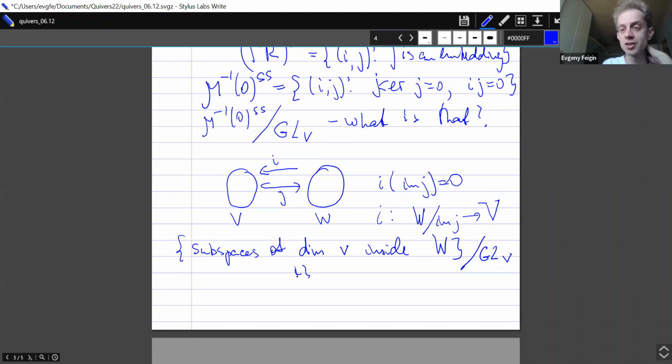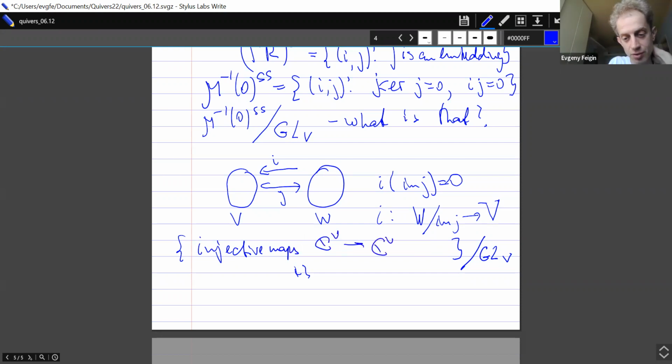Rather, maybe I should write it more concretely: the injective maps from CV to CW modulo GLV.